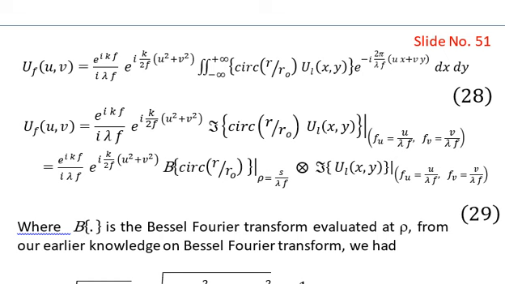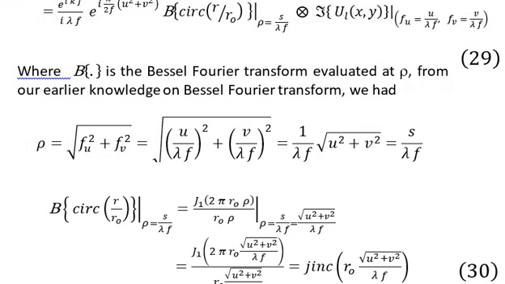Rho will be the Fourier variable associated with the polar coordinates, and s is the space variable associated with the polar coordinates. So rho will be equal to the square root of fu square plus fv square.